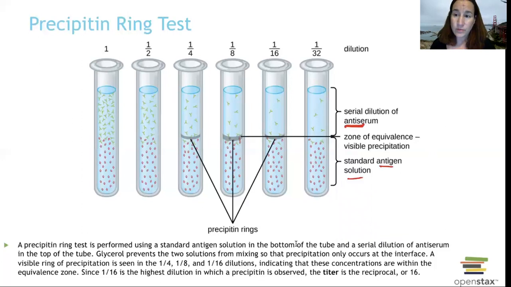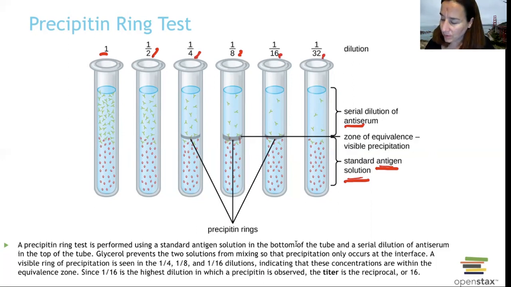While your antigens are all the same, your antiserum is going to undergo a serial dilution, which we have talked about before, where you have a concentrated substance and then you pull a little bit out and you dilute it. Then you pull a little bit out of that and dilute that, a little bit out of that one and dilute on and on. So we have it as 1, and now we've got a 1 to 2, so we're half as concentrated in this level than we were before. 1 to 4, 1 to 8, 1 to 16, 1 to 32.